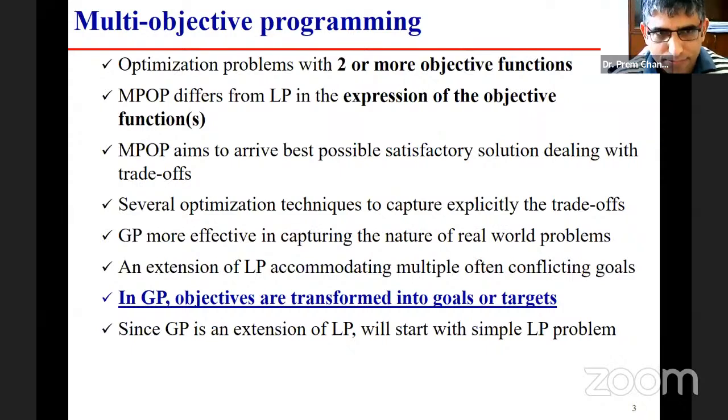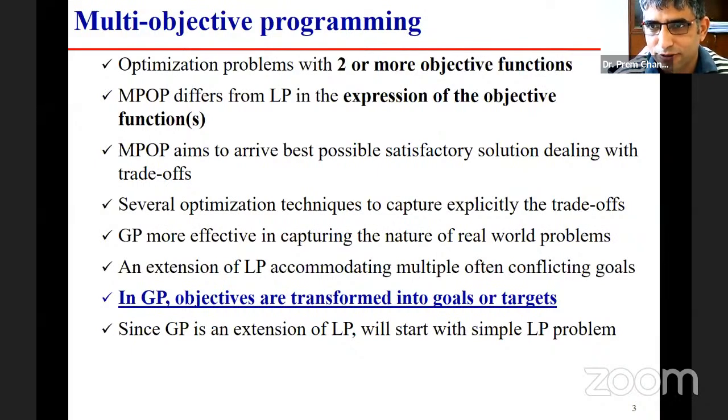Some basic concepts. Yes. As the name suggests, multi-objective optimization problems deal with more than one objective, two or more than two. Then we call it multi-objective. It is different from LP in terms of expression; otherwise, it is a kind of extension of LP.